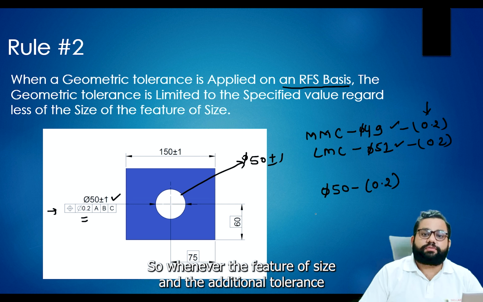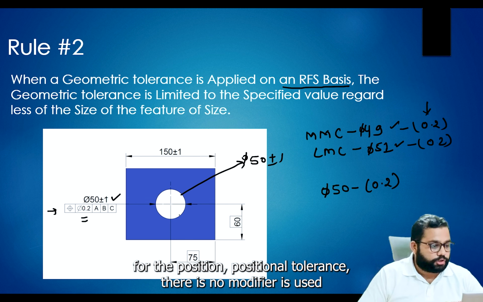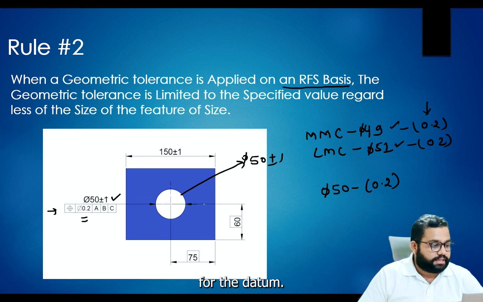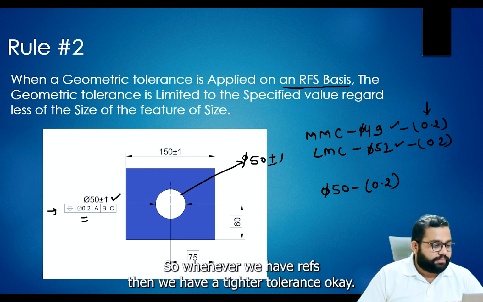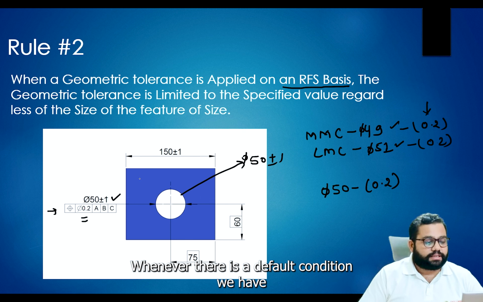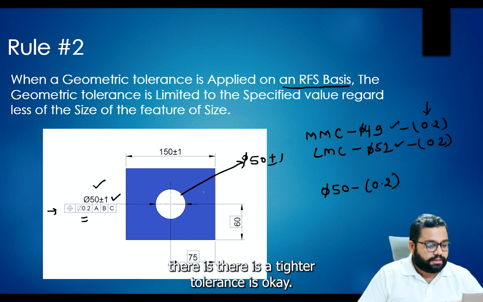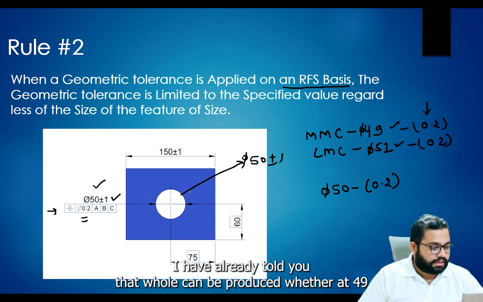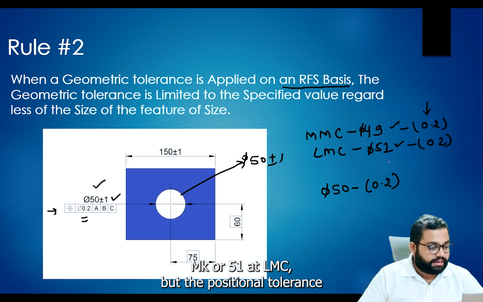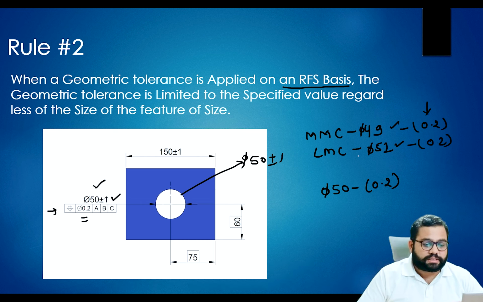For the positional tolerance there is no modifier used, and for the datum there is no modifier, so this is a default condition where regardless of feature of size applies. Whenever we have RFS, the default condition, we have a tighter tolerance. The hole can be produced at 49 MMC or 51 LMC, but the positional tolerance remains the same.